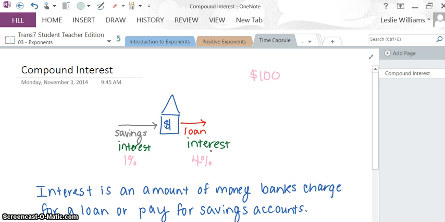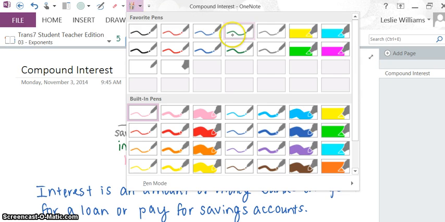I'm going to use a car loan as an example right now. So how much money would someone make in savings if they put $100 in? $1. What about if somebody gets a loan for $100, how much do they have to pay back? $4.